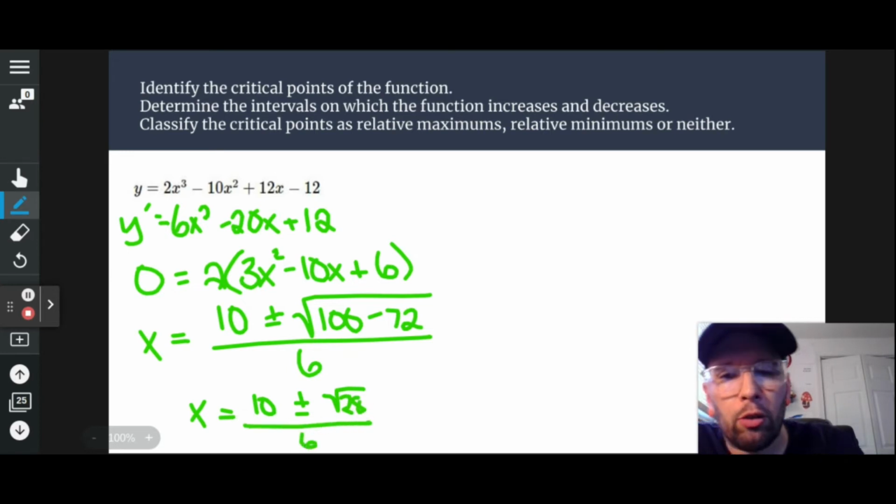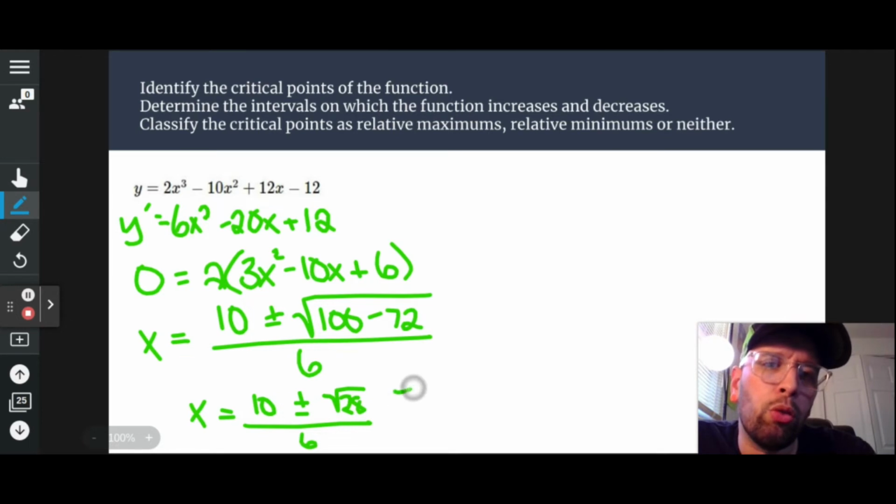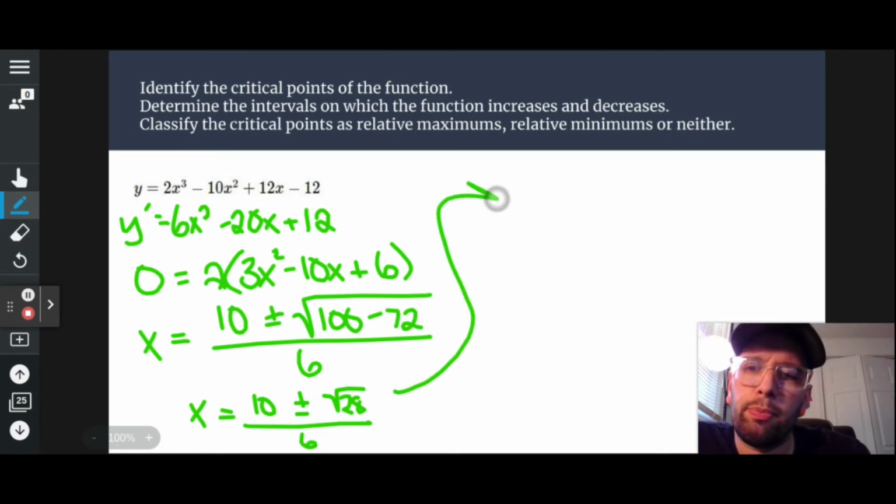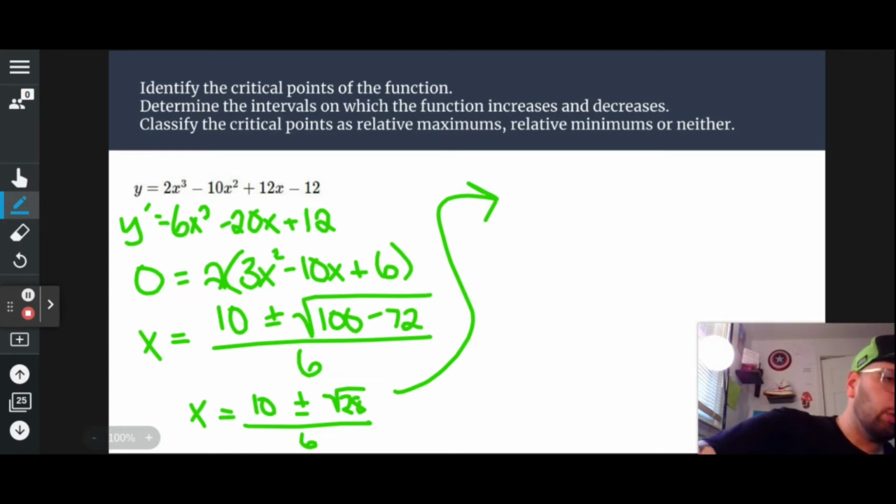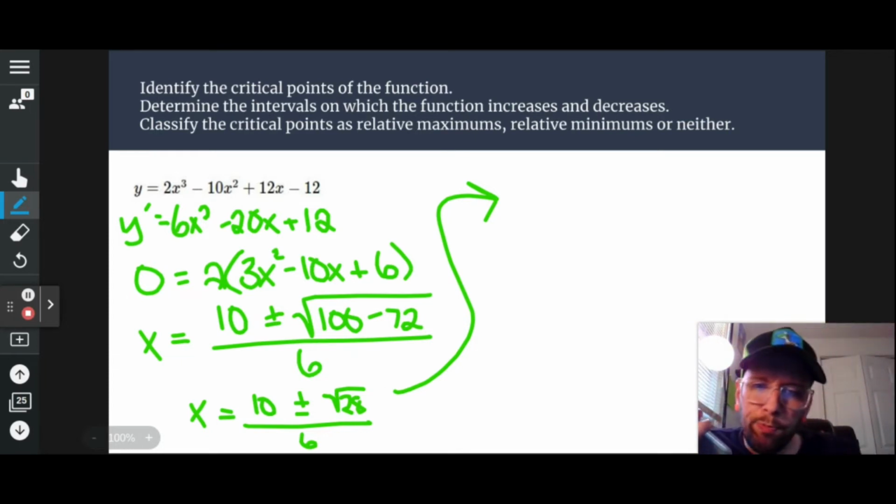That's why I couldn't factor it. It's not factorable. So I'm going to have 2 terrible critical points. 10 plus the square root of 28 divided by 6.